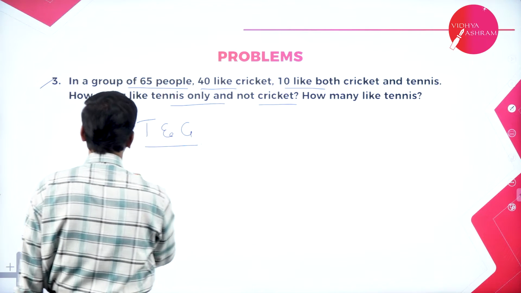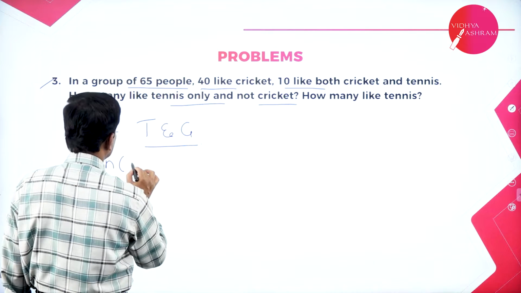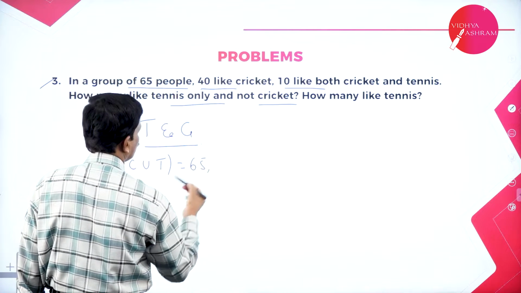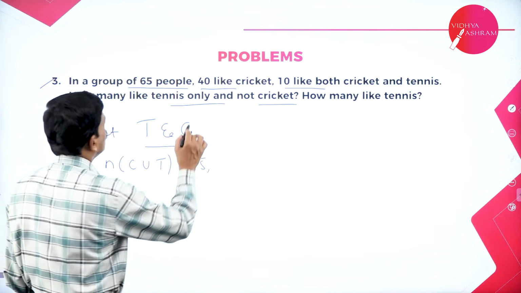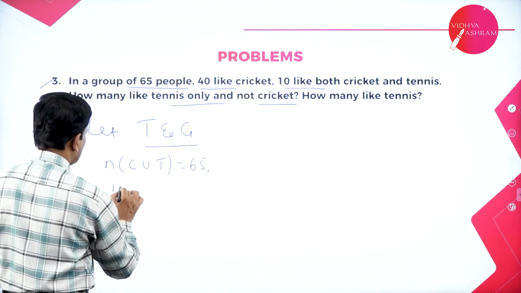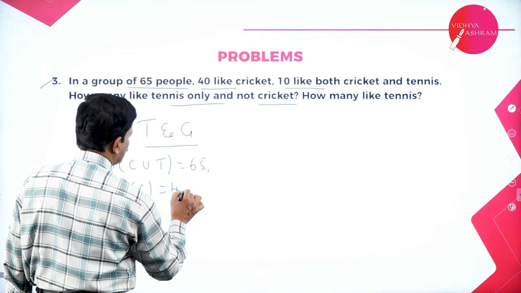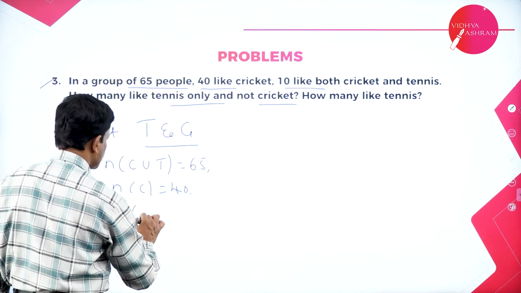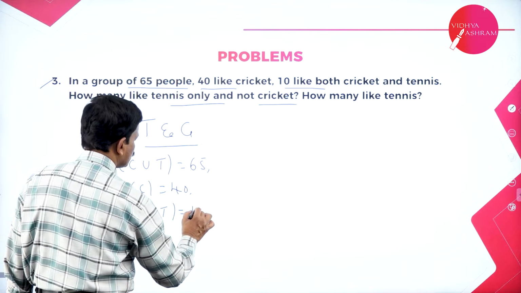C represents the people who play cricket and T represents the people who like tennis. So what is given? Here given n(C ∪ T) = 65. Then 40 like cricket, n(C) = 40, and 10 like both, n(C ∩ T) = 10.